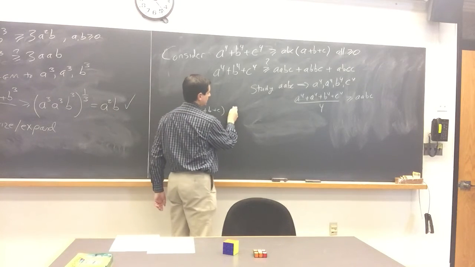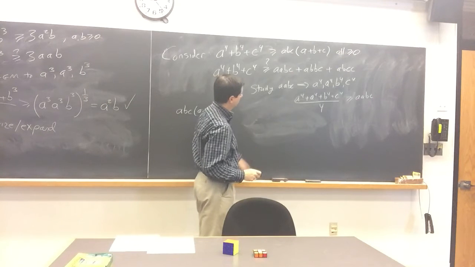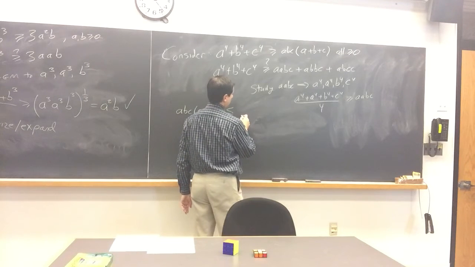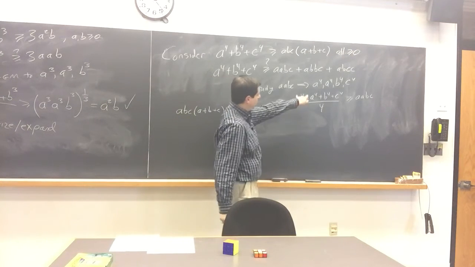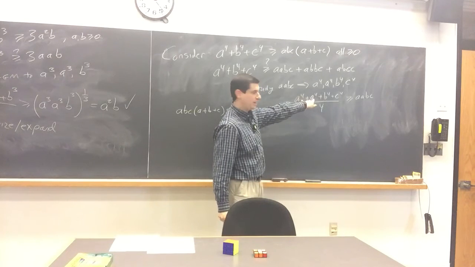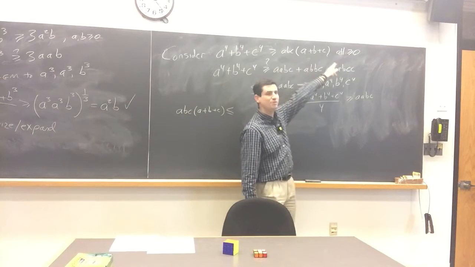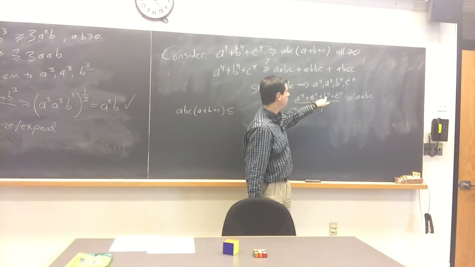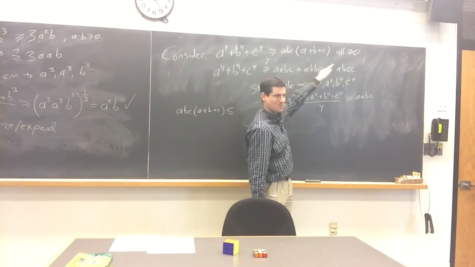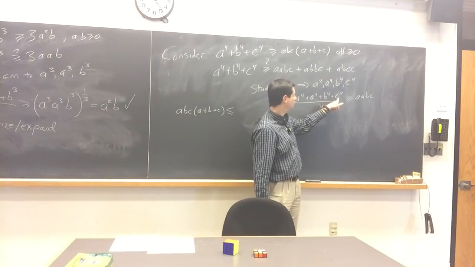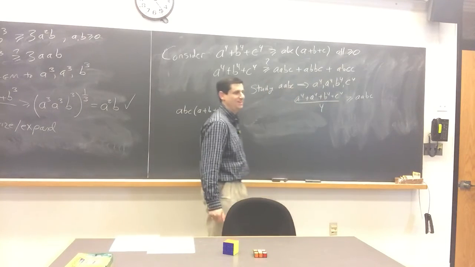this would be less than or equal to, we'll have a to the 4th twice from this, and then once more from the other 2. We'll have b once from this, twice from this, and once from that. And we'll have c once from this, and twice from that.